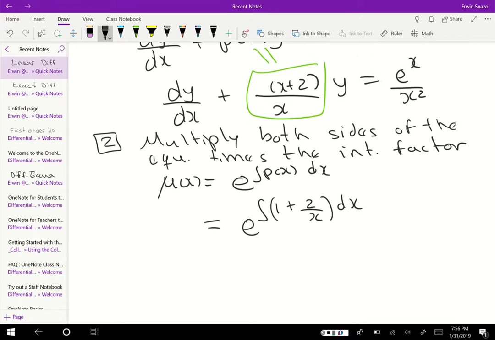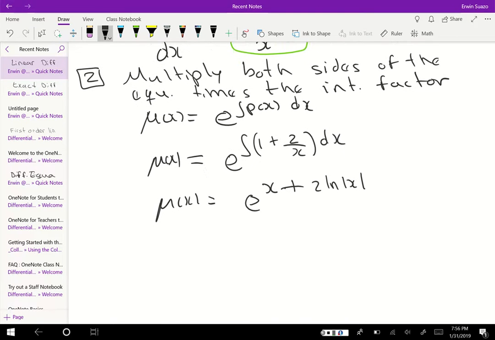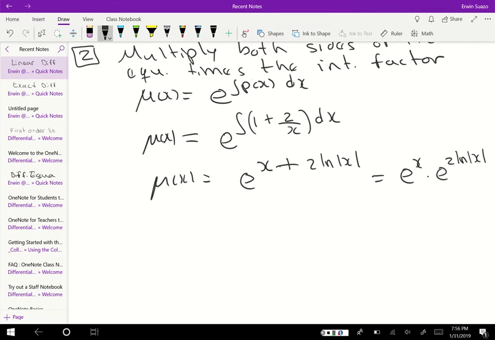So when I integrate this, what do I get? I get mu of x equals e to the x plus 2 ln of absolute value of x, right? But we don't like those long terms, so we can do e to the x times e to the 2 ln of absolute value of x. But look at this nice property: this can become e to the x times e to the ln of x squared.